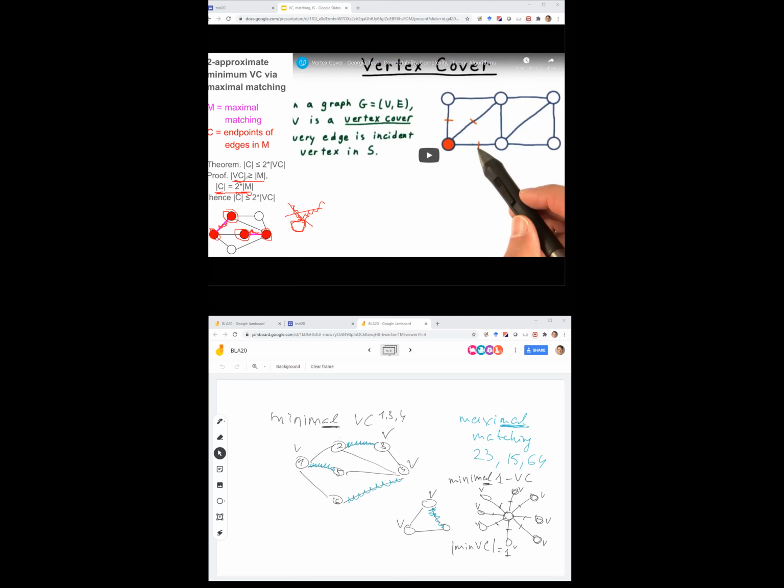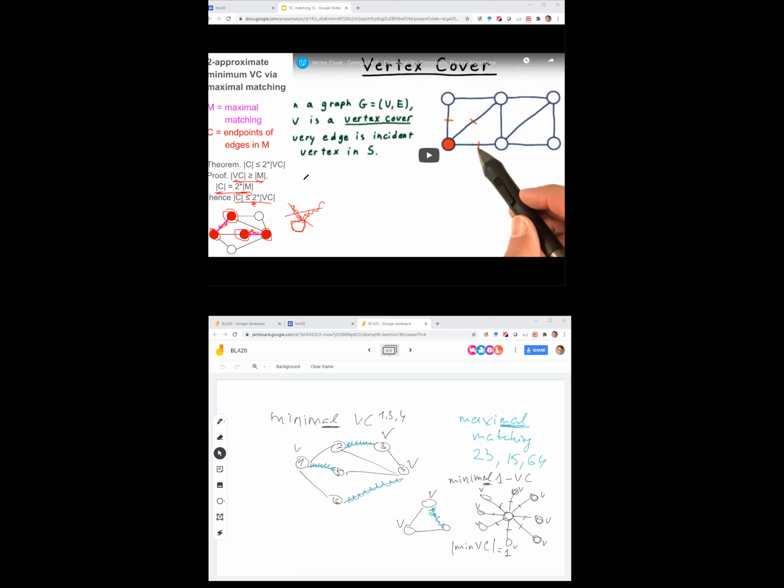Minimum vertex cover, or any vertex cover, has to be at least as large as the number of edges in the matching, which means that your vertex cover is at most twice larger than any vertex cover, in particular twice larger than the optimal vertex cover. Okay, so that's how you prove the approximation factor 2: you will not be much worse than the minimum vertex cover, at most by a factor of 2.